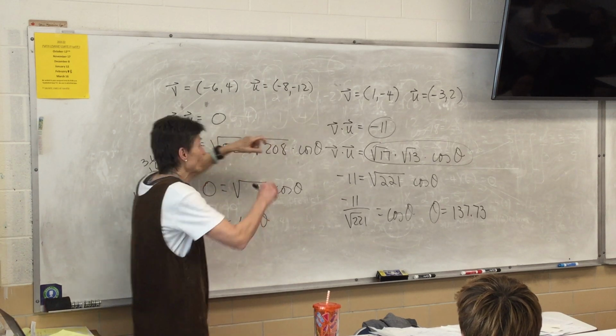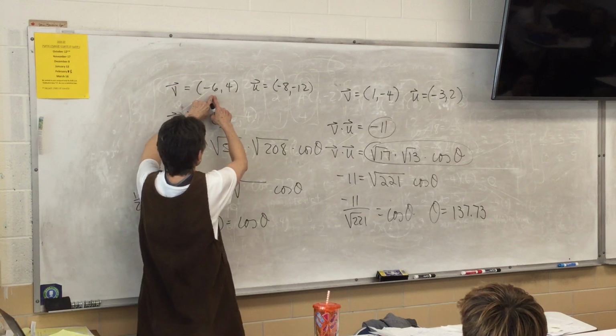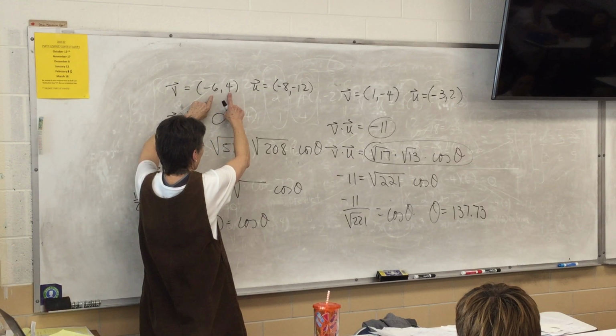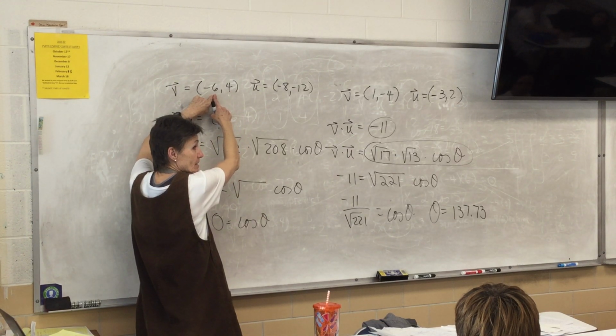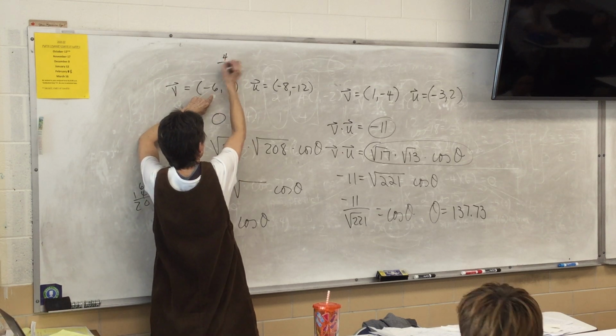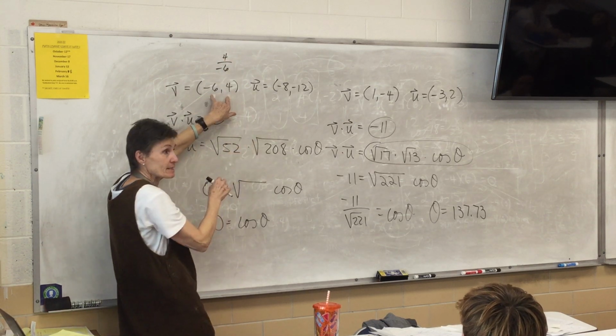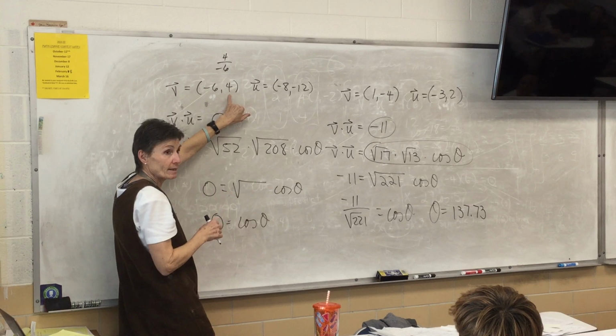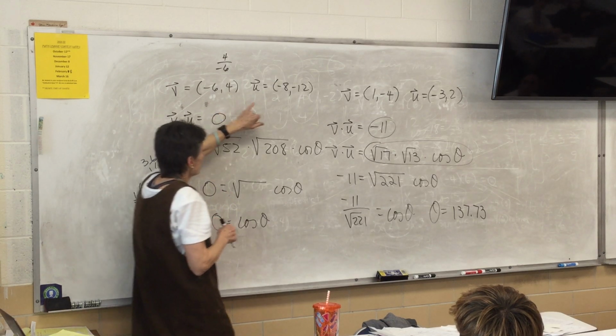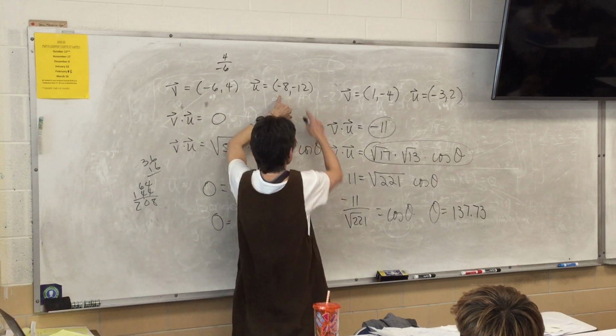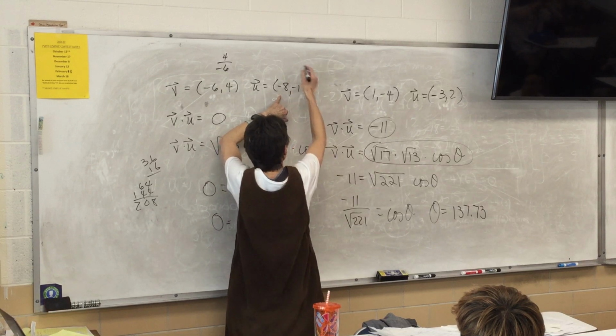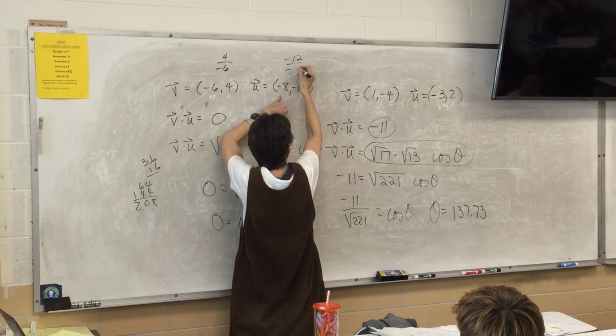I want you to look at something. This is the vector that goes up 4 and left 6. So its slope is 4 over negative 6. Does that make sense to you? Remember, that's y over x. This guy goes down 12 and left 8. So his slope looks like this.